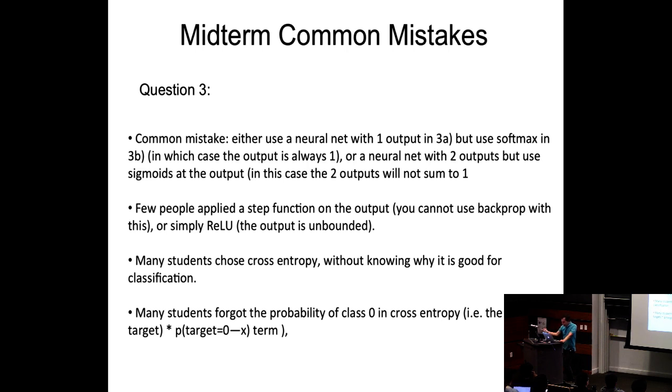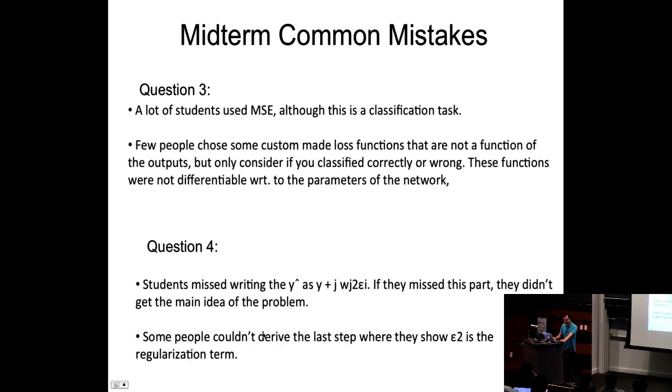On the neural net with two outputs, with sigmoids, as I mentioned, few people applied a step function at the output. Some people would say, just use ReLU at the output, which wasn't making much sense either, right? Choose cross-entropy, but why it's good for classification. Many students forgot the probability of class 0 in cross-entropy and just forgot this term here.